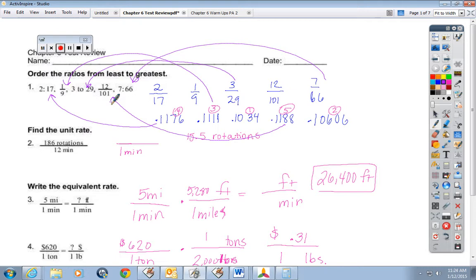And I know that I have to multiply by a conversion to change to feet per minute. So how do I know what to put on top and what to put on bottom? Well, the unit is changing in my numerator. So whatever I multiply by, I need to have in the numerator whatever the new unit is, feet, which means I have to do feet over miles.